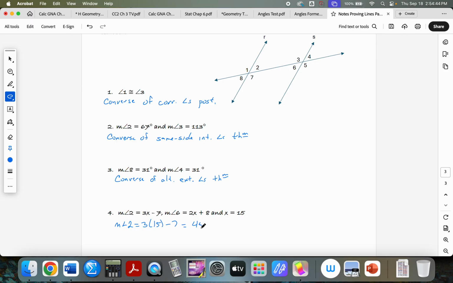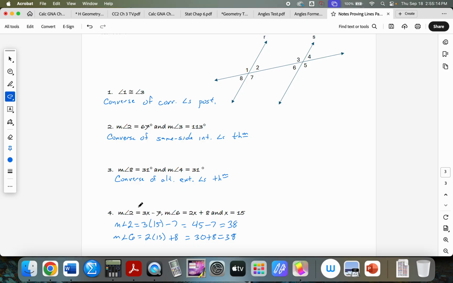Yeah, it's 45 minus 7 is 38. And the measure of angle 6 is 2 times 15 plus 8. That's 30 plus 8 is 38. So they've told us in a very roundabout way that those two angles were congruent.